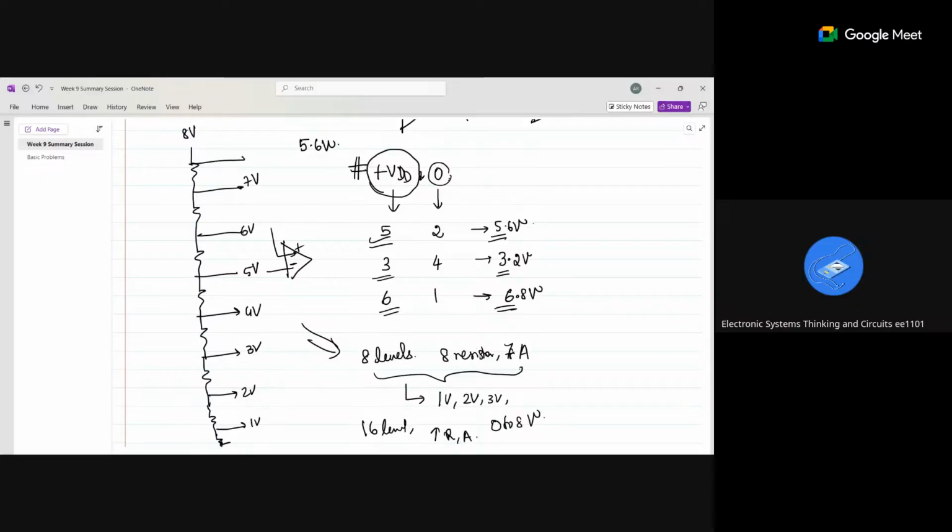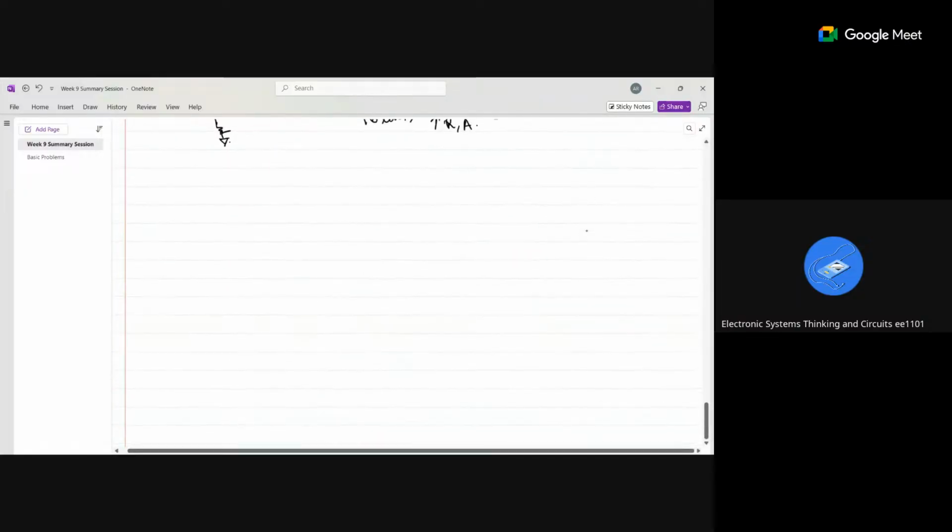I am just going to increase the level like this: 7.5 volt, 6.5 volt, 5.5 volt, such that there is a resistor in each of these. This is the only way I can modify the given circuit to measure 1 to 1.5 to 2.5, right?